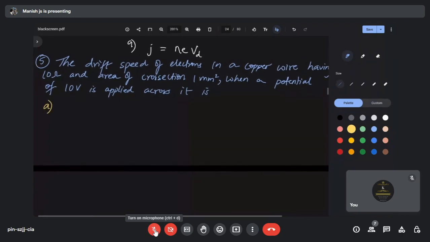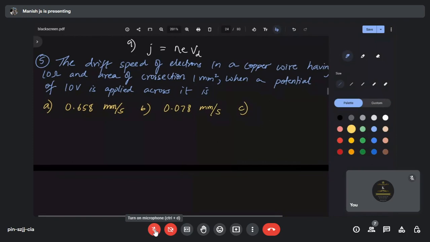Option A, 0.658 millimeters per second. Option B, 0.078 millimeters per second.